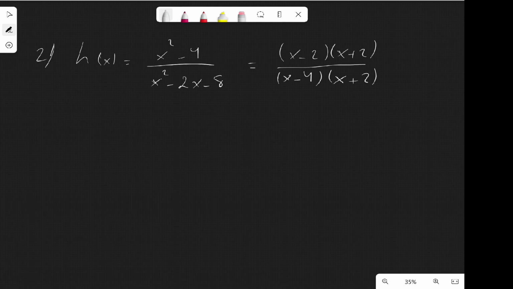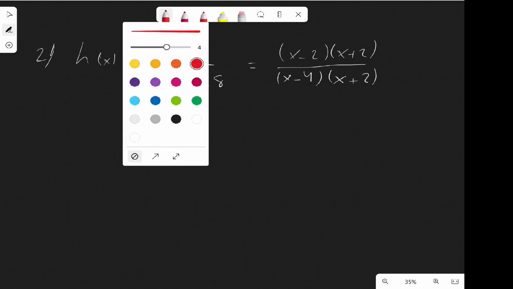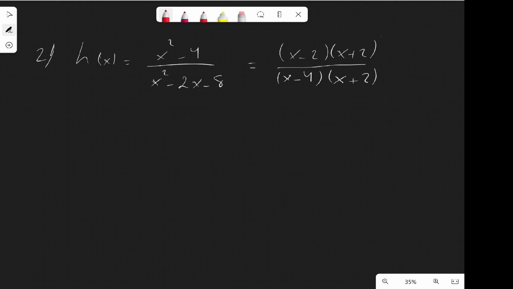Okay, to the right, I see that x plus 2 is a repeated factor, up and down, could be simplified. And this is where we have a hole.